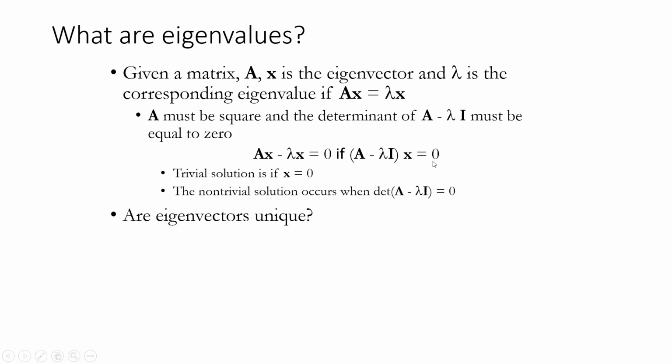We call x equal to 0 the trivial solution. If x is equal to 0, we will not get any eigenvalue or eigenvector from the matrix A. That's why we call it the trivial solution. The non-trivial solution for this equation is nothing but determinant of A minus lambda I equal to 0.